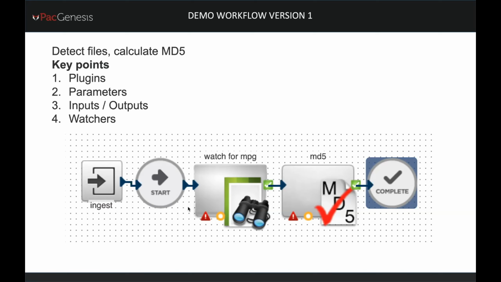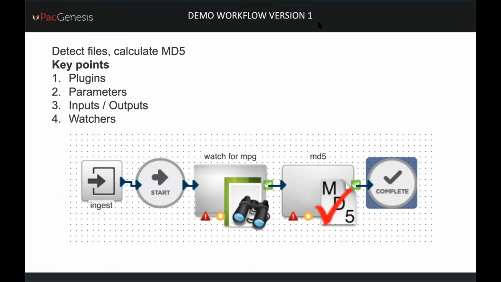What we're going to get from this is we'll see how plugins are imported and how they're added to the whiteboard. We're going to look at parameters, how you pass things like folder names into your workflows. We'll look at inputs and outputs so that we can see how the individual steps interact with one another, and we're going to look at what a watcher does.